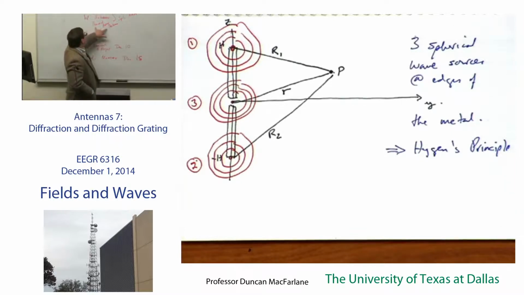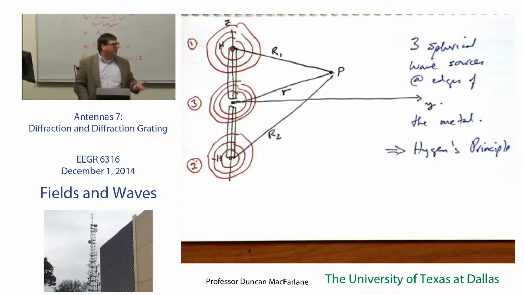But a more general classification is that these are waves or antennas that are analyzed using superposition or a sum of spherical wavefronts, and in particular, the diffraction grating example that we do is an example of a phased array antenna.